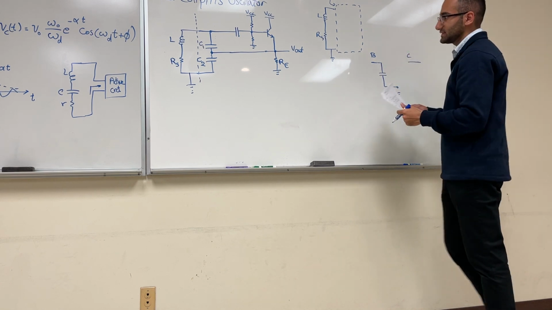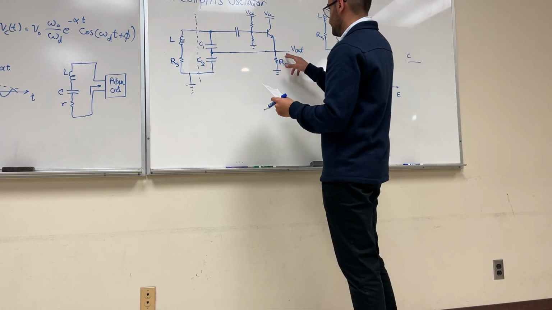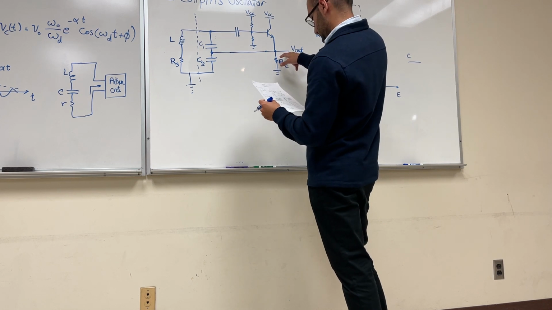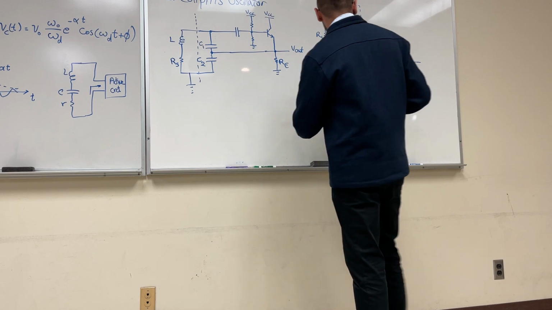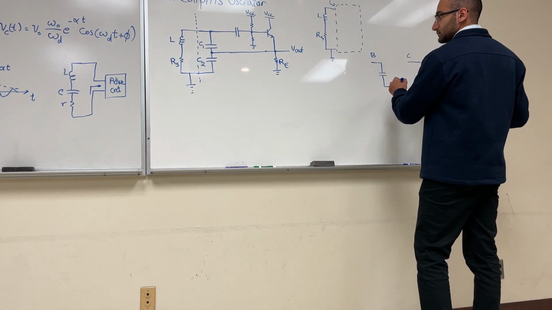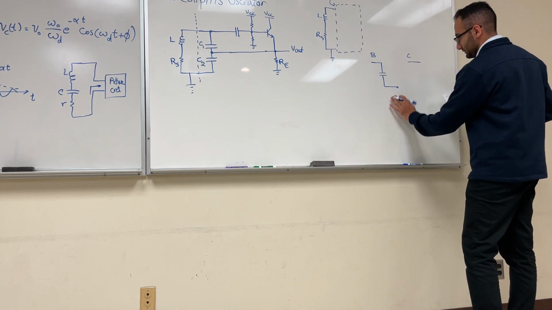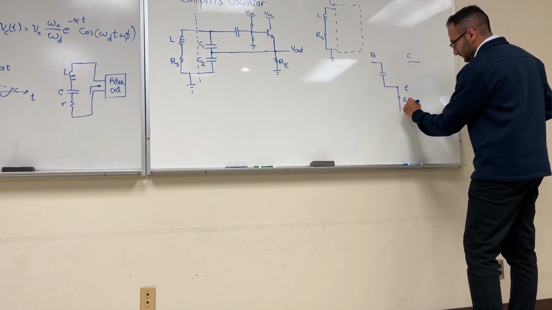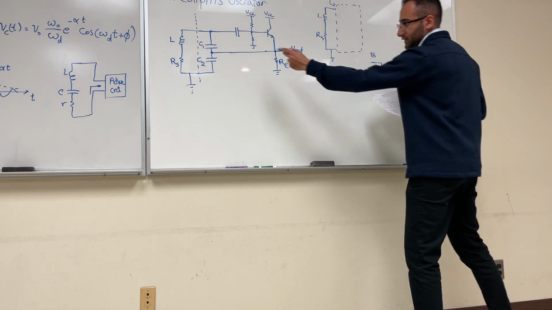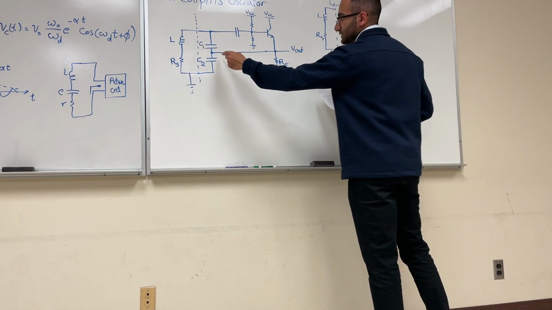So between the base and the emitter, I have my RE, no sorry, between the emitter and the ground, I have RE, and I also have C2.